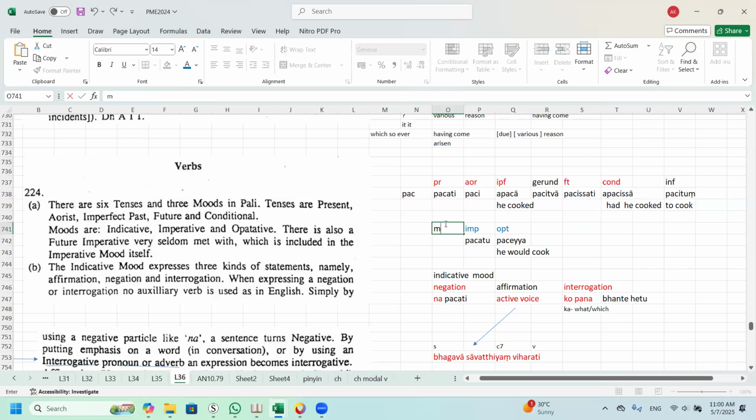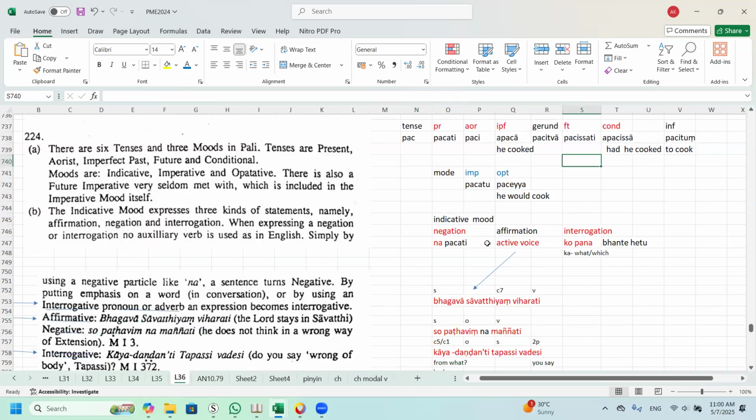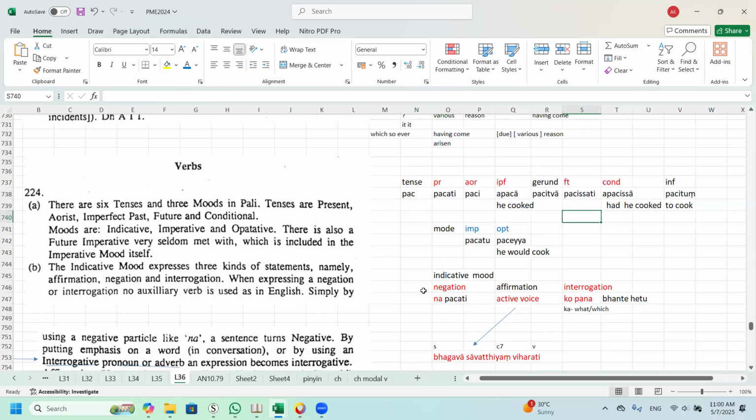This is tense. Yeah, tense. All right. And then here, indicative. Somewhere around here, it will be much clearer. But anyway, we will stop here first.